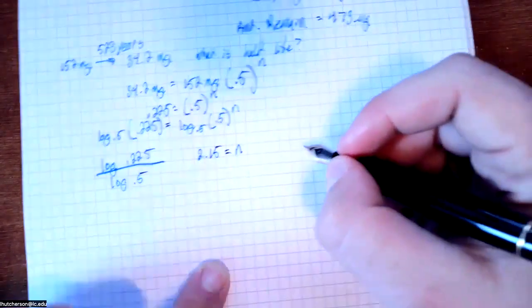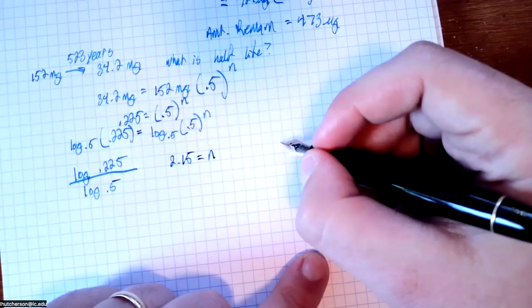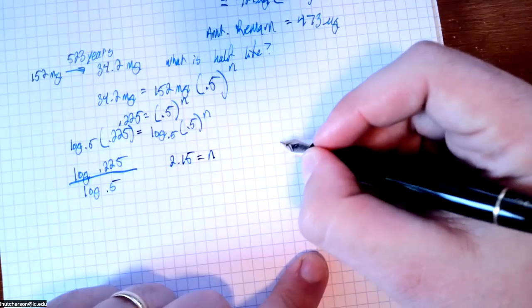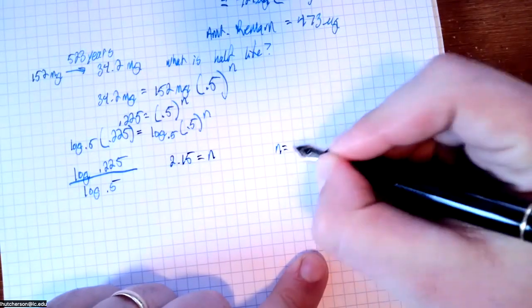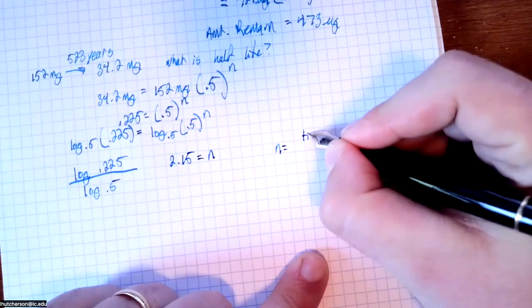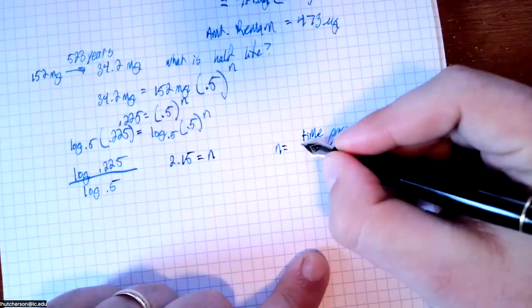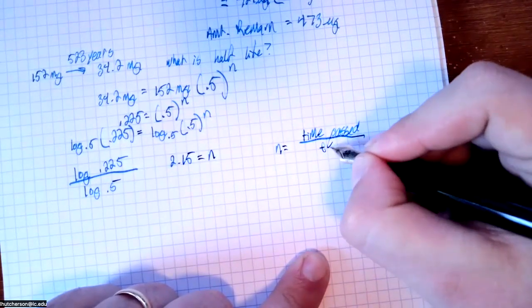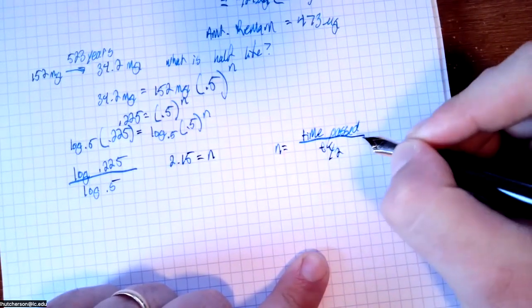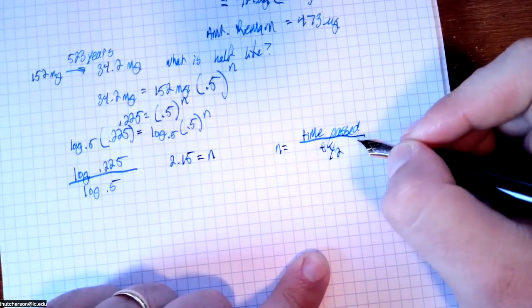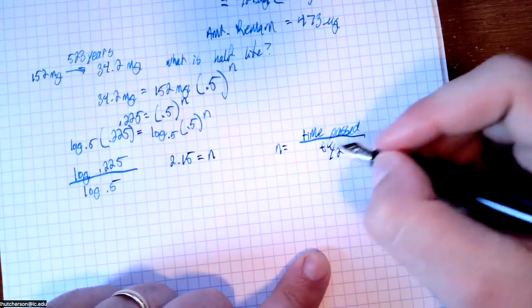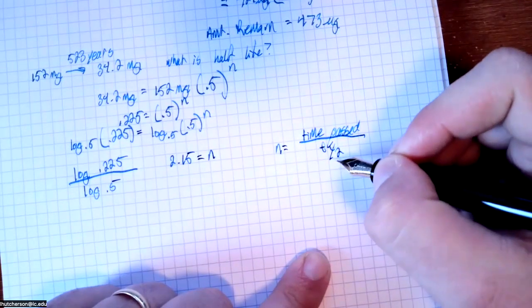Now, let's go back and look at our equation that we use to calculate n. N is equal to time passed divided by our half-life. We abbreviate half-life as T1/2, by the way.